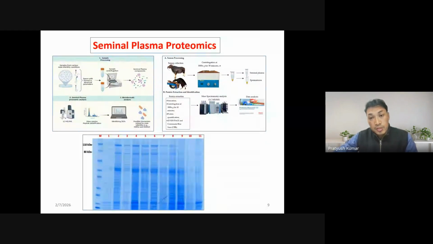Seminal plasma proteomics. After all these tests, proteomics and metabolomics have also come up in animal reproduction. Proteomics, because to get a particular offspring, some of the proteins are required for fertilization, for the acrosome reaction, and for capacitation.